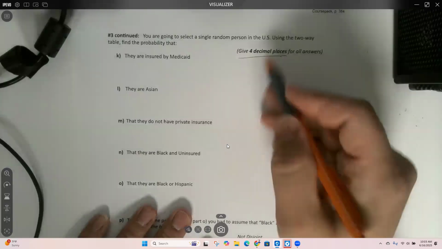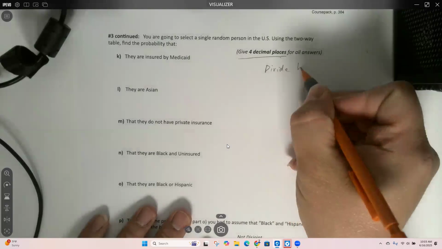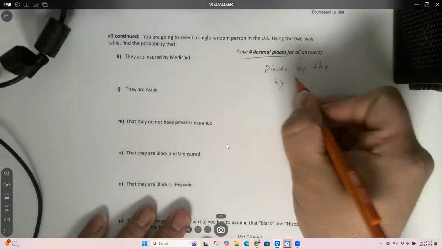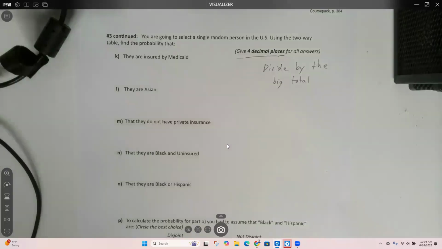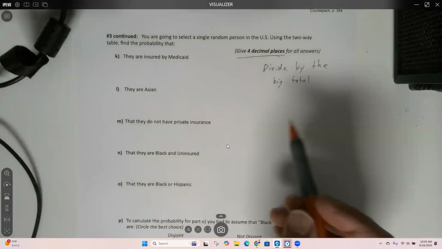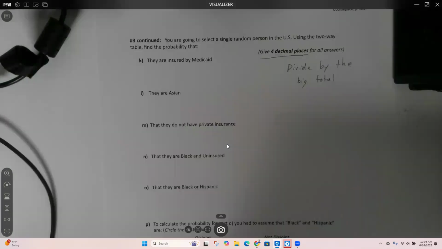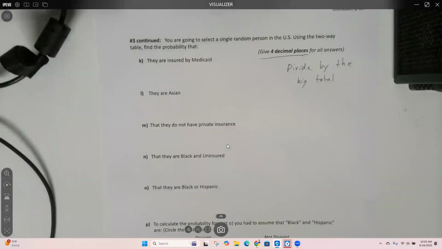When we do probability, we are going to divide by the big total. It's very rare that we're going to do conditional probability, which is where you divide by a different total. Usually you want to divide by the total number of outcomes all together, and that's the big total. This is our big total, 10,054.